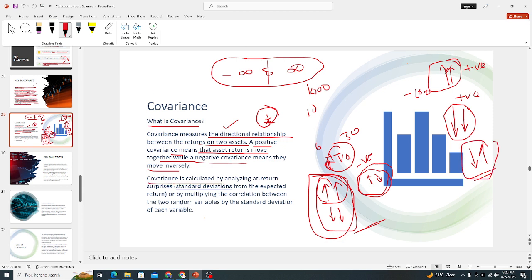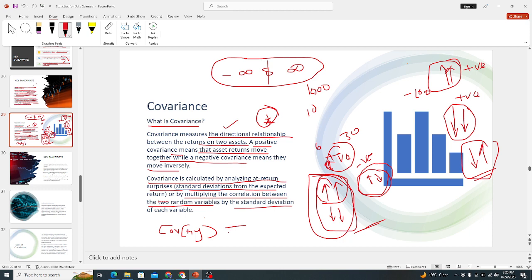So covariance is calculated by analyzing return surprises, or the standard deviations from the expected returns, or by multiplying the correlation between two random variables by the standard deviation. But what I know, we usually have a formula for covariance, maybe of two variables. Let's assume it is x and y.